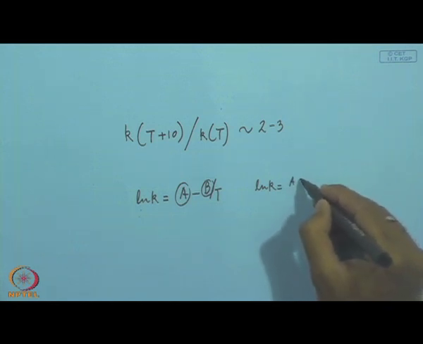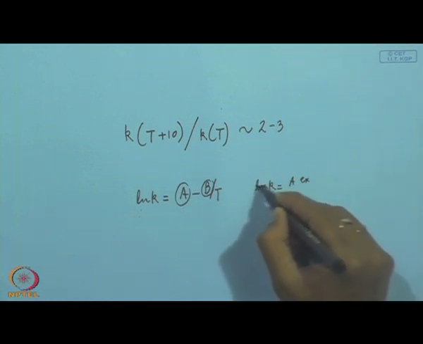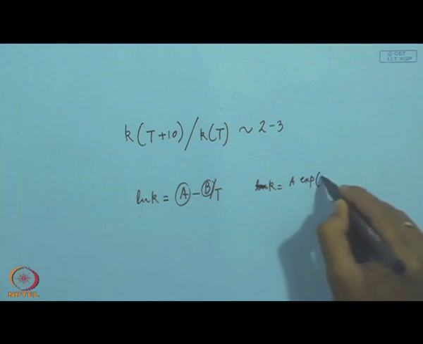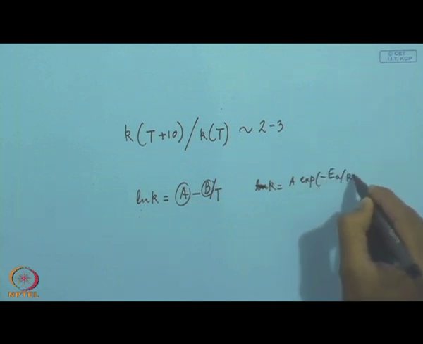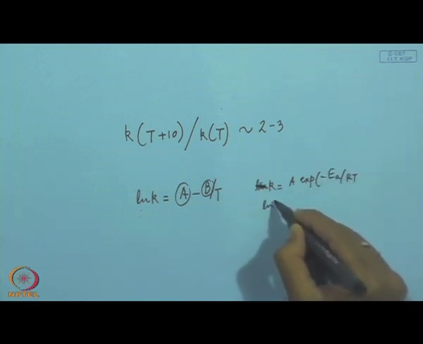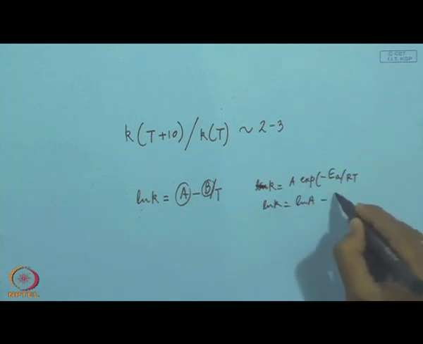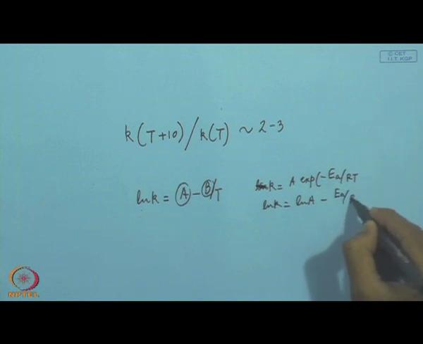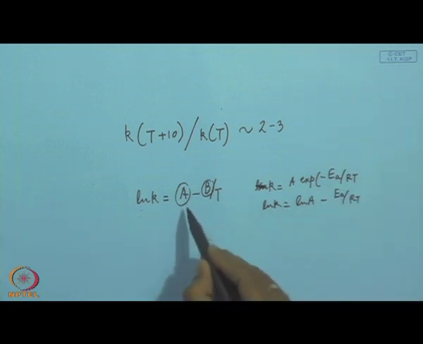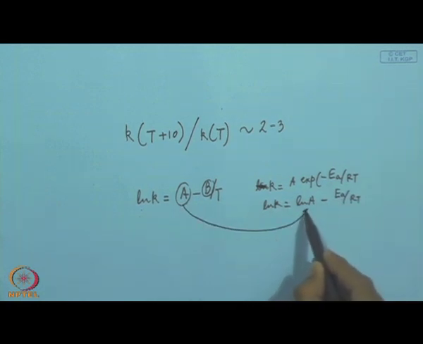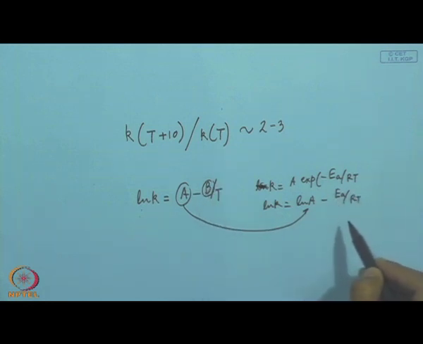It is not ln k; k is equal to A into exponential minus EA by RT. If you take ln, ln k is equal to ln A minus EA by RT. These two are very similar: this ln A is similar to A, and this one is similar to this.